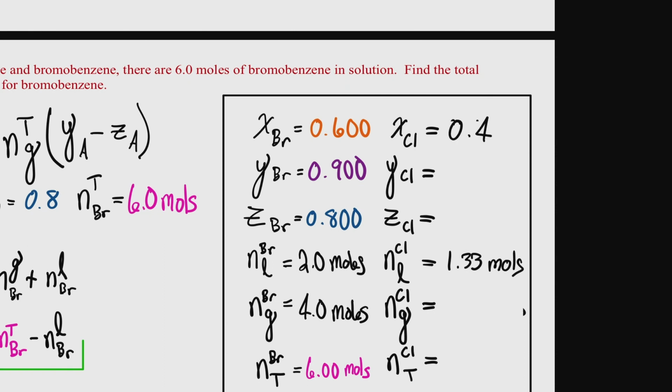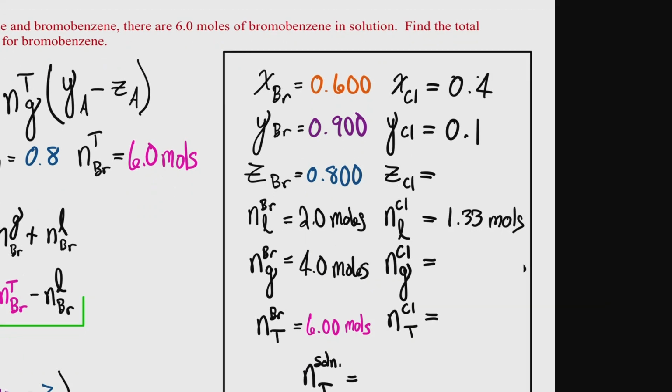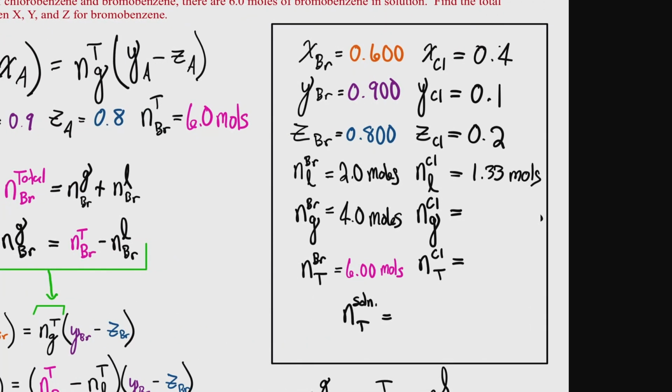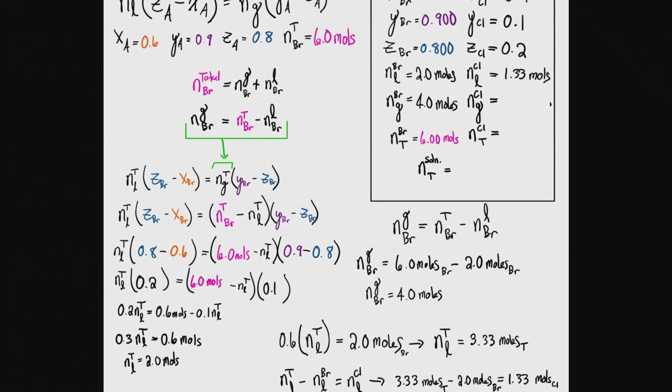If 90% of the vapor is bromobenzene, then that means that 10% of the solution will be chlorobenzene, and if we're at a mole fraction of 0.8 bromobenzene, it will be a mole fraction of 0.2 for chlorobenzene.